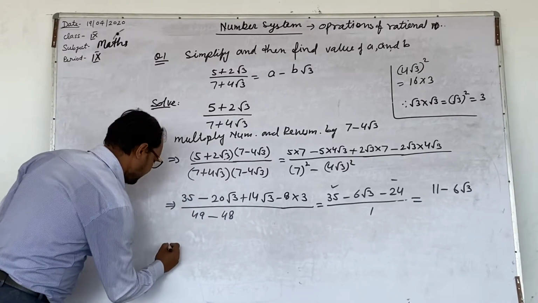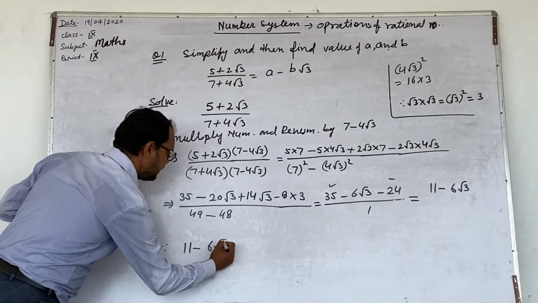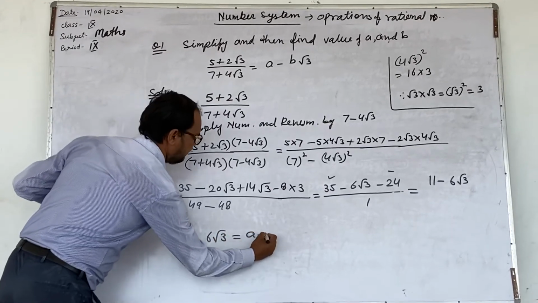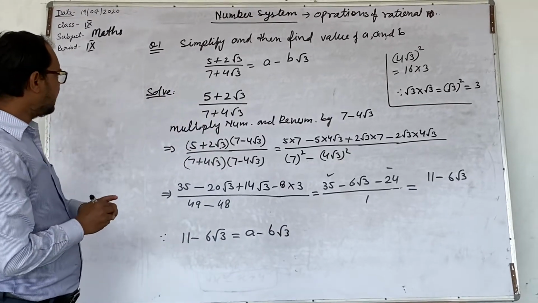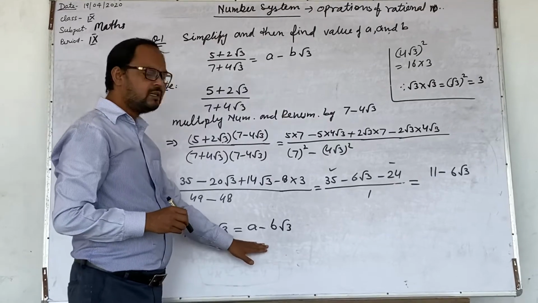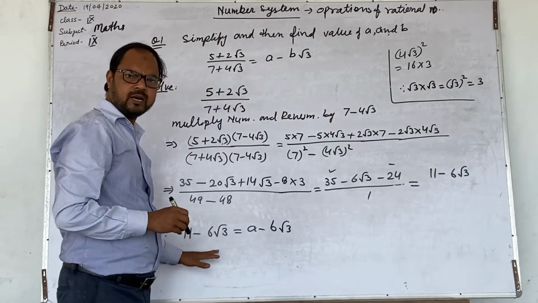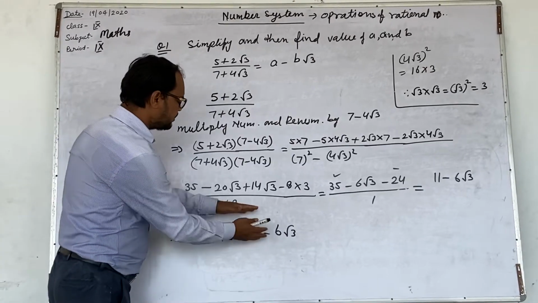Now further we get 11 minus 6 root 3 equal to a minus b root 3. Your left hand side gives 11 minus 6 root 3 and the right hand side is this. This is for finding the value of a and b. Just photocopy these two terms.